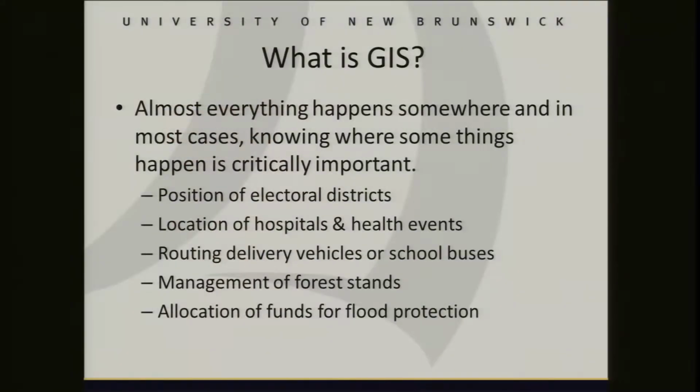So almost everything that we can talk about in all these different fields that we are in happens somewhere. And in most cases, knowing where these things happen is critically important. And we can answer a whole new set of questions by understanding where things are happening and by asking a new set of spatially based questions, geographically informed questions. So some of the things that we can use it for are political electoral districts.